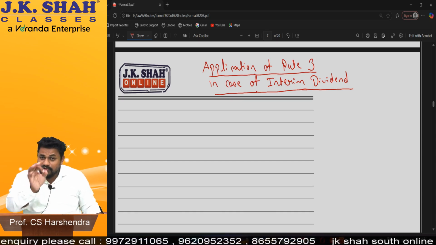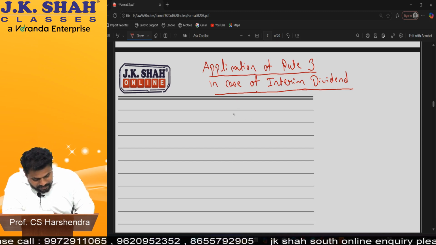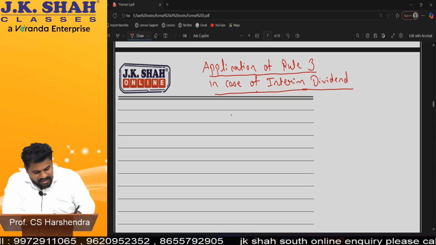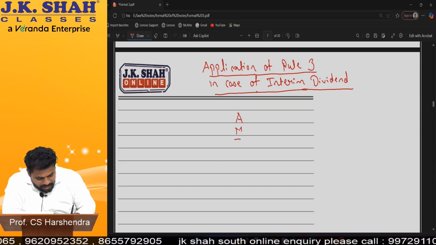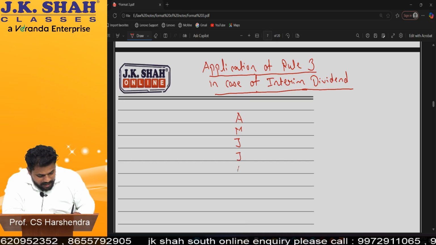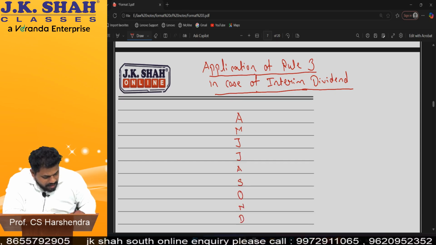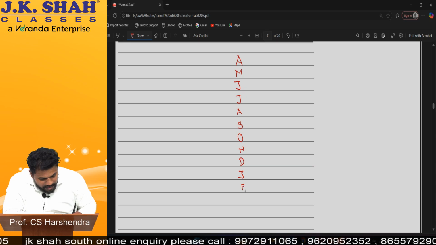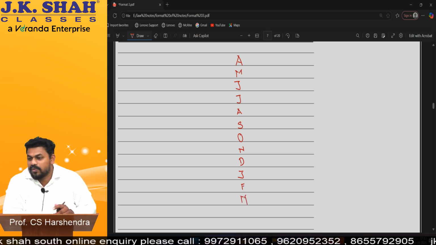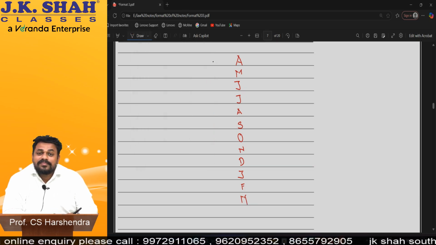For that, they have given one activity. What is that activity? I'll tell you. See, first prepare the whole financial year. April, May, June, July, August, September, October, November, December. After December, what comes? January, February, March. Yes or no? Now divide this into quarters.